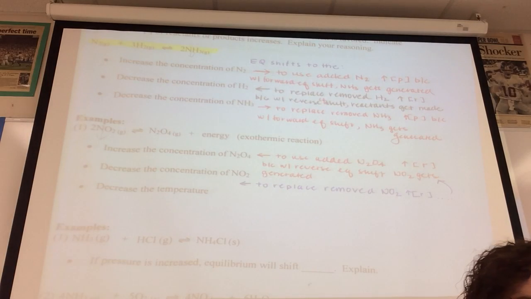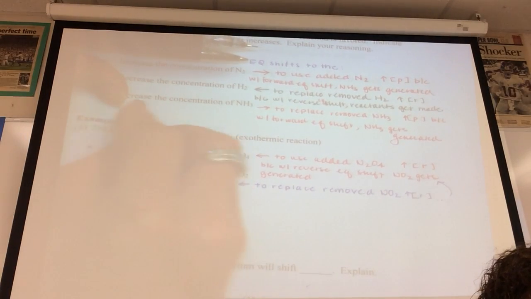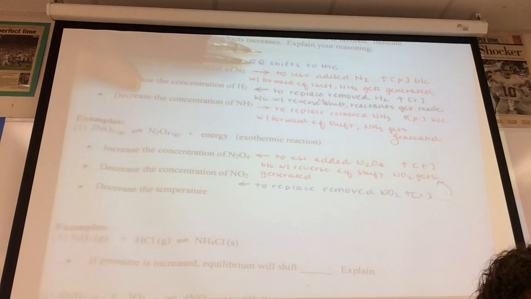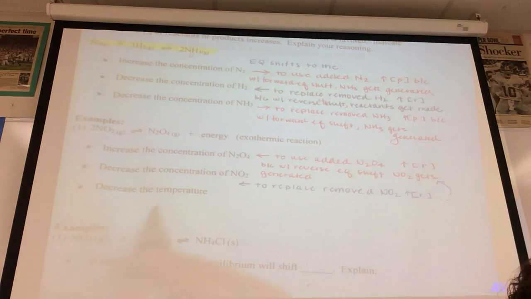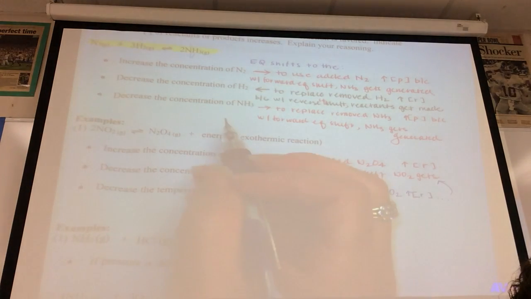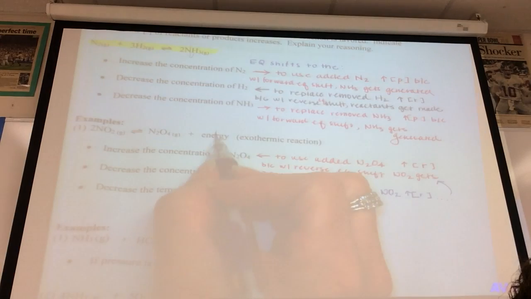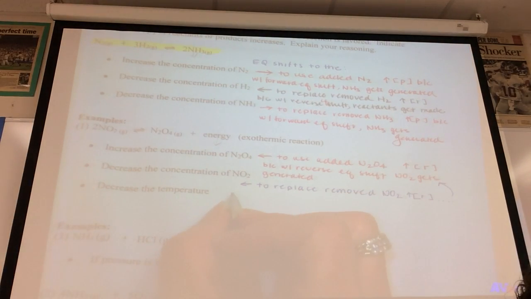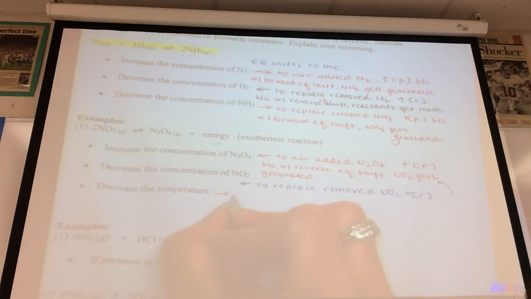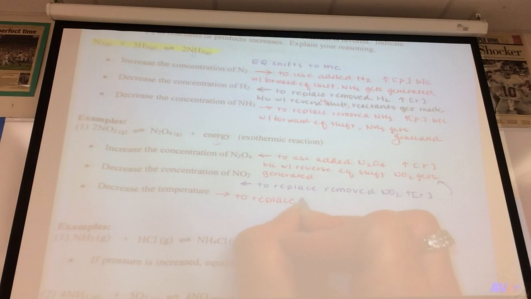And here's our temperature piece. Now temperature is the only factor that alters the value of KEQ. We'll get back to that. When you decrease temperature, and this is why it's very helpful to have the energy term in the equation, equilibrium will shift to the right to replace heat lost.